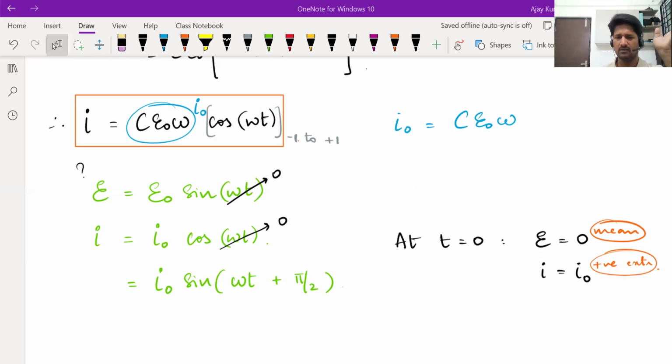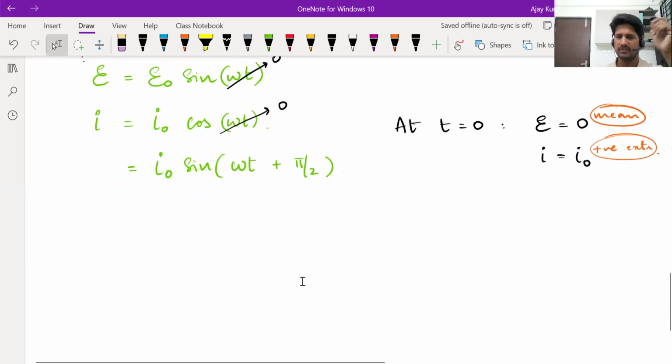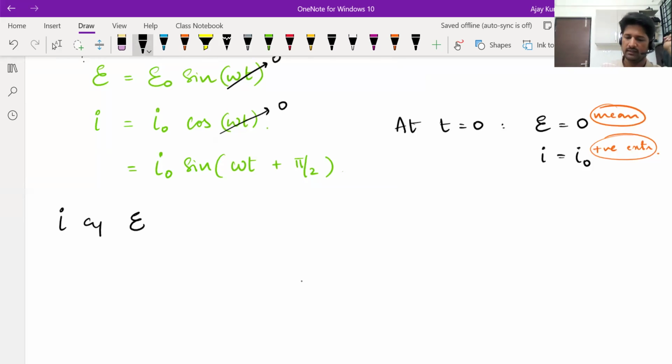Clearly they are not. When one is becoming zero, the other is becoming positive extreme. So the current and the EMF across the capacitor have a phase difference.